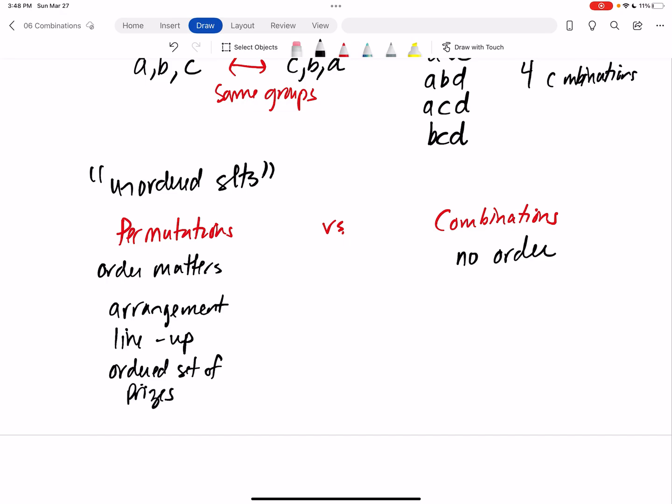When you think about a combination, you're going to think about a group of friends or a collection of items or an unordered set. So when you read a problem first, I want you to think about, should it be a permutation, should it be a combination?